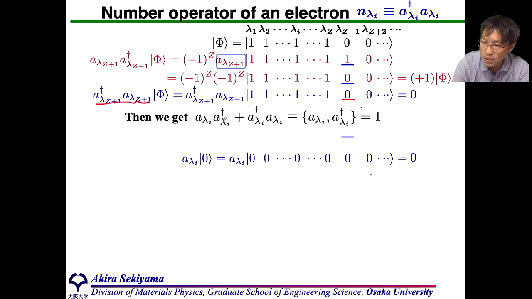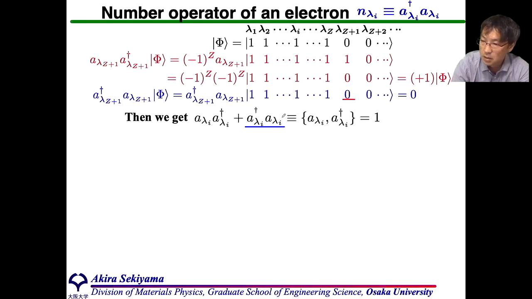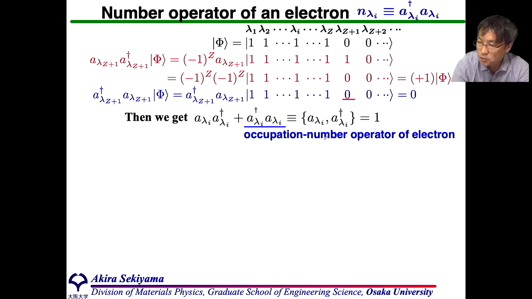Therefore, we get this relation irrespective of the occupied state or unoccupied state. So this term gives the occupation number of electron, because if we operate this combination operator for the empty state lambda z plus 1, the result gives a 0. But for the occupied state, this operation gives 1.